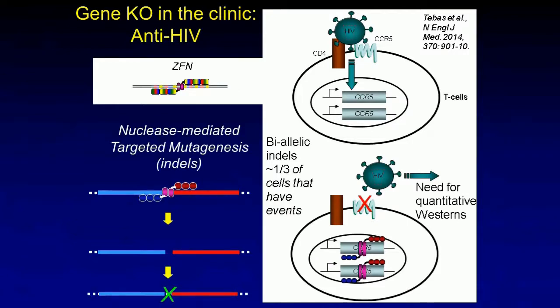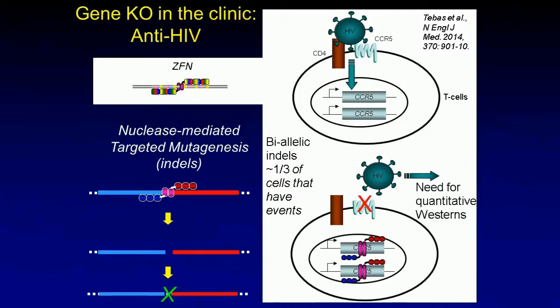The HIV virus infects CD4 positive cells in part by binding to the CD4 receptor on those T cells, but also to a co-receptor, which is typically a molecule called CCR5. CCR5 is encoded in the genome, and by applying nucleases, and in the case of Sangamo Bioscience they have applied zinc finger nucleases, they can disrupt the genes that encode the CCR5 protein.